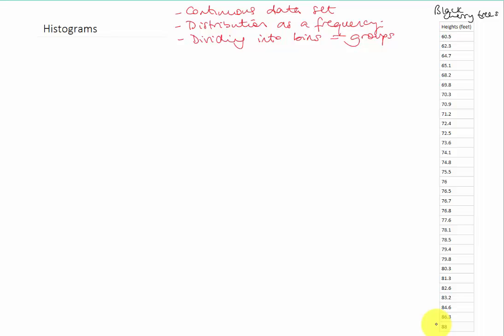So what I want to do is draw a graph with my x-axis being different intervals and my y-axis being frequency. So how can we divide these up? A good general rule of thumb for doing our intervals, which I suggest you start with, is that the number of intervals or bins is normally the square root of the number of things we've measured.